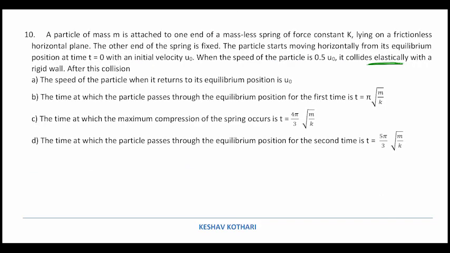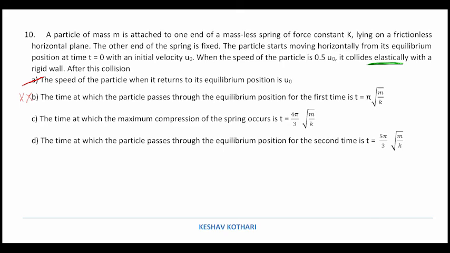The first one says the speed of the particle when it returns to its equilibrium position is u naught. This statement is correct because the collision is perfectly elastic. The time at which the particle passes through the equilibrium position for the first time, pi root over m by k, is incorrect. It will be 2 pi by 3 root over m by k when it passes for the first time.